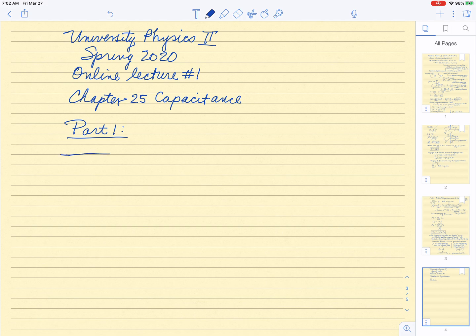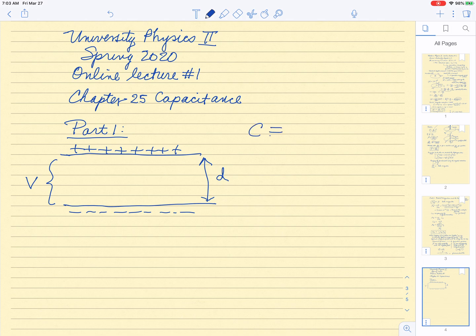You will recall that for a parallel plate scenario, which we've discussed numerous times, with plate separation d and voltage V across the capacitor, established by a battery, we can define the capacitance to be the charge stored on a plate divided by the voltage required to store that charge.